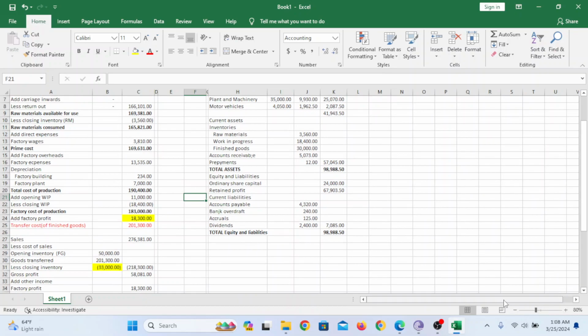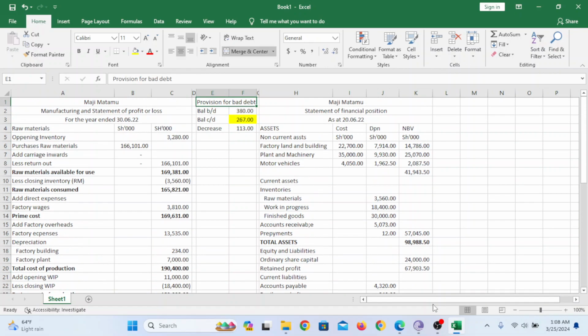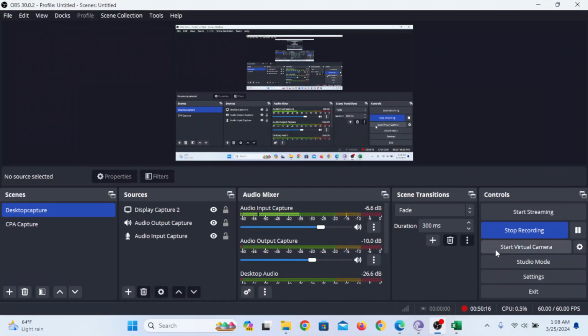Once you're able to know the effect of each step on each statement, then it becomes easier for you to prepare these two key statements. That is the statement of manufacturing and statement of profit and loss, and then now the statement of financial position. So that is what was required of this particular question.